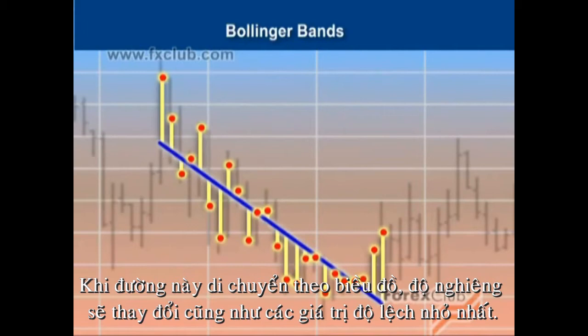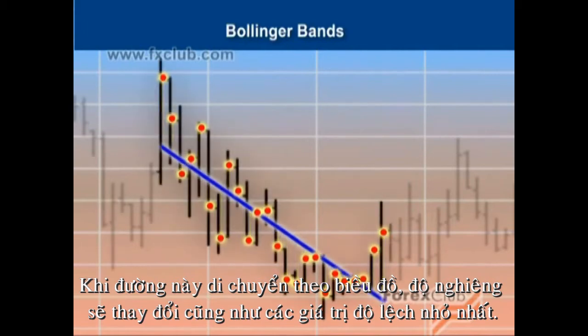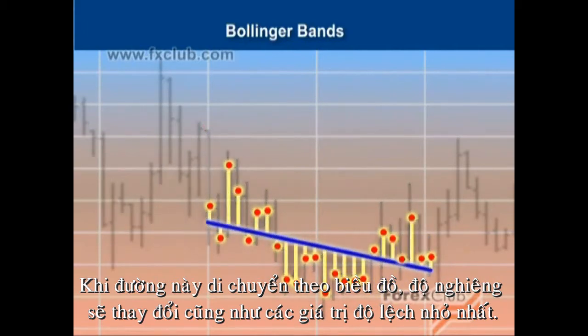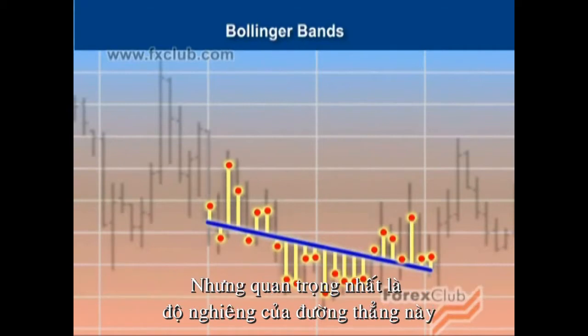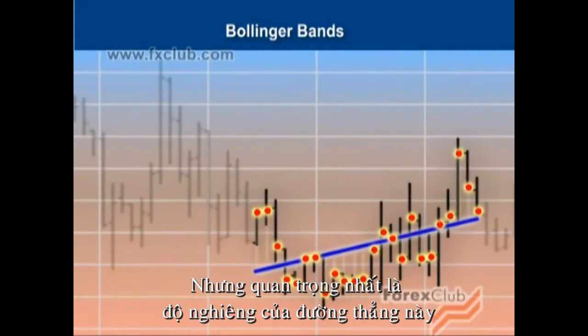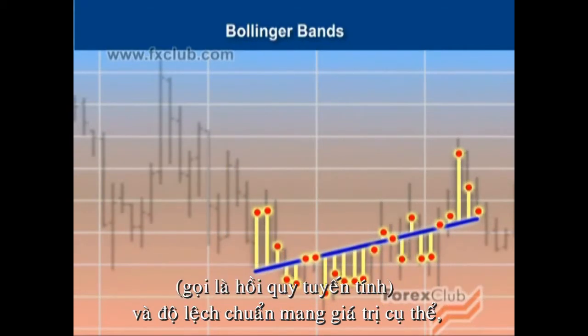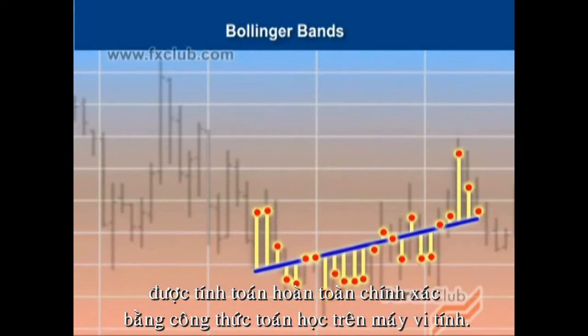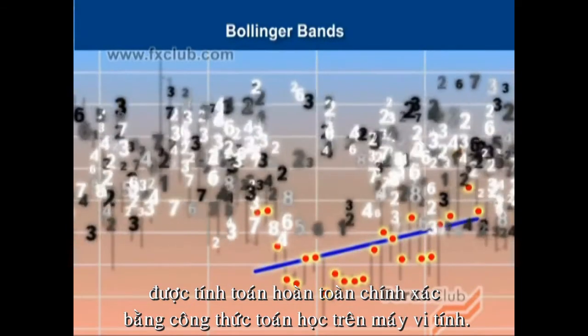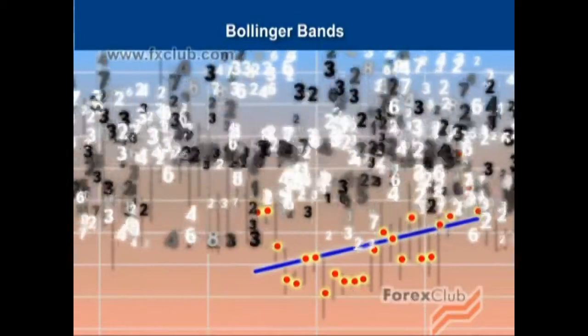As this line moves along the chart, its incline will change, as will the minimum sum of its deviations. But most importantly, the incline of this line, and it's called linear regression, and the minimum sum of deviations have a precise value that can be accurately calculated using mathematical formulas on a computer.